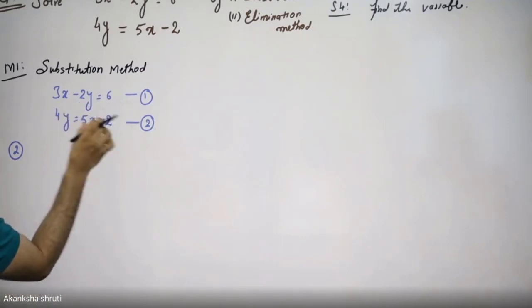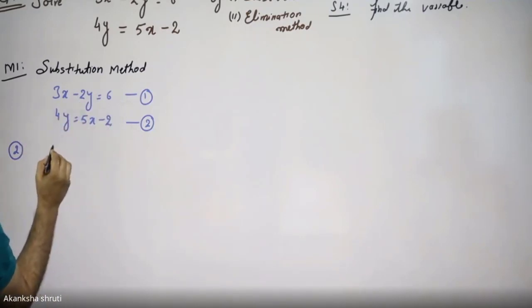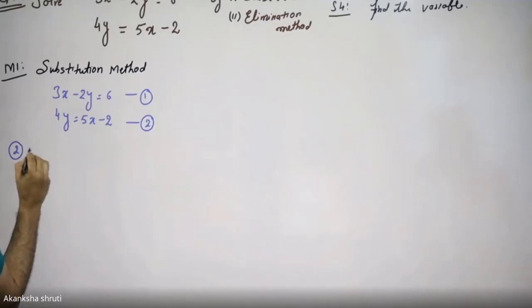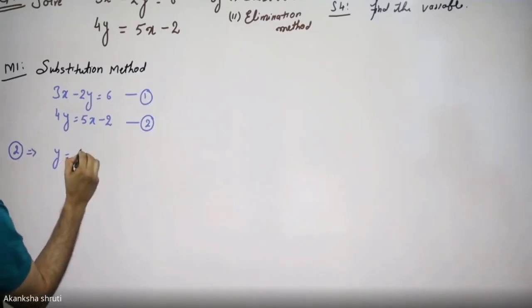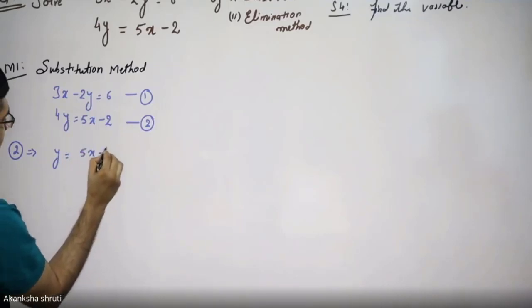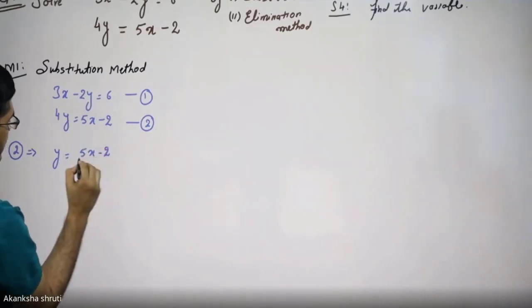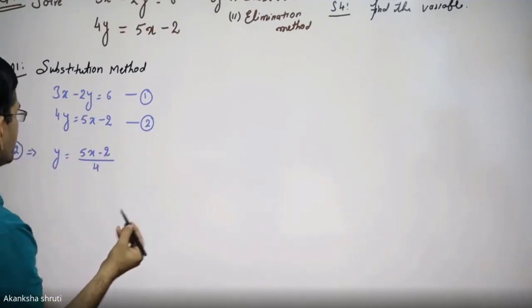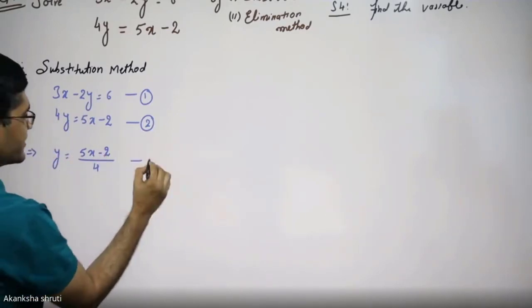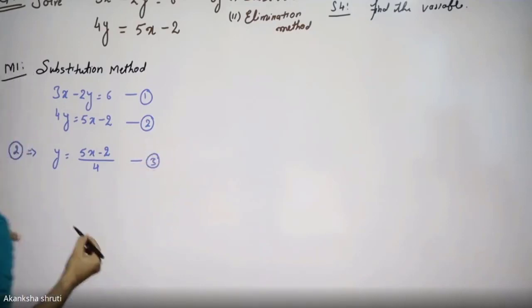Because directly y can be calculated in terms of x. So equation 2 tells that y becomes (5x minus 2) divided by 4. Keep in mind this 4 is for both the terms in the numerator. Take this as the equation number 3.